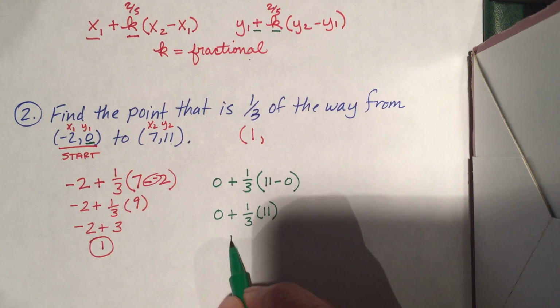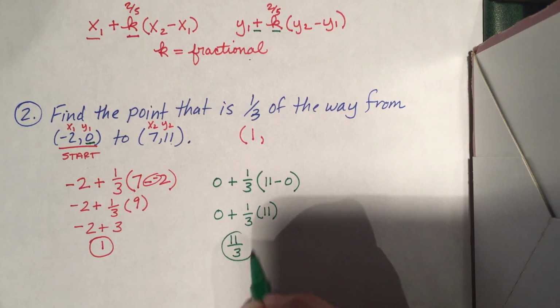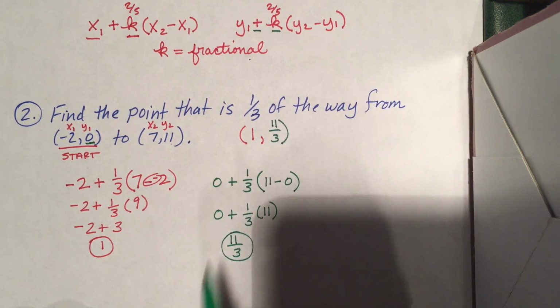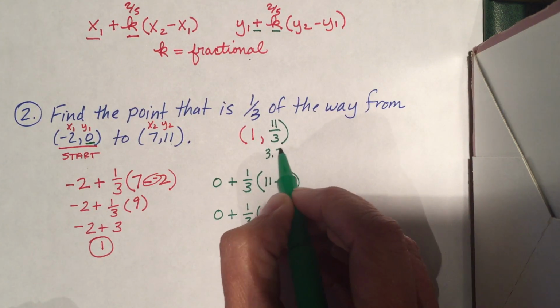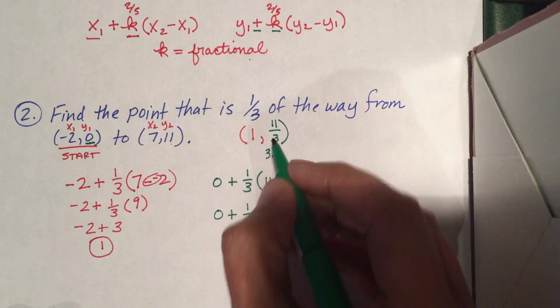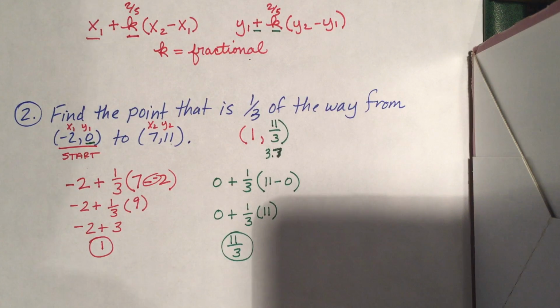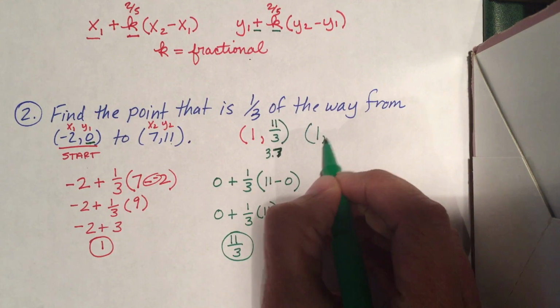And 11 times 1/3 is 11/3, which is about 3.3. Or sorry, 3.7, my bad, because you get 3 2/3. So that's my point, 1, 3.7, if you want to do it with decimals.